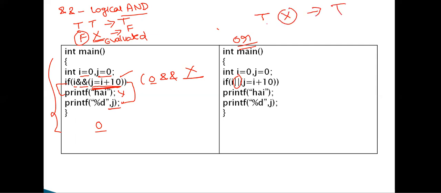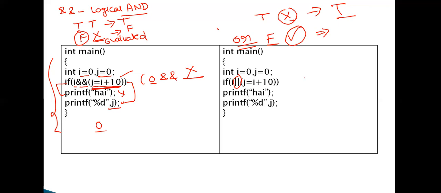Why? If the first expression is true, the second expression, whether it is true or false, obviously the answer is true. If the first expression is false, then only it will evaluate the second expression. Why? To check whether it is true or false.